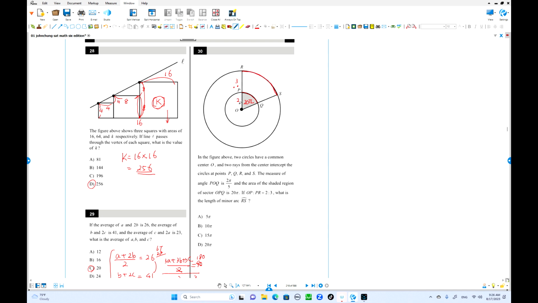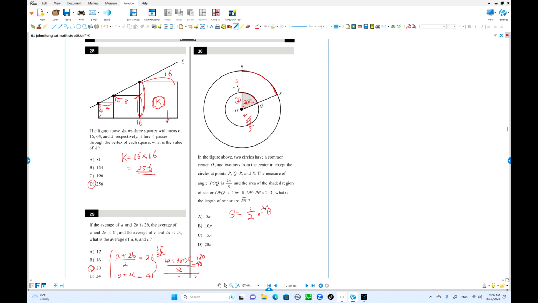Using this one, we can find the radius of this small circle. What is the central angle? I'm going to write it down. The central angle equals 2 pi over 5. For the area of this sector, you have to remember this one: 1 over 2 times r squared theta.